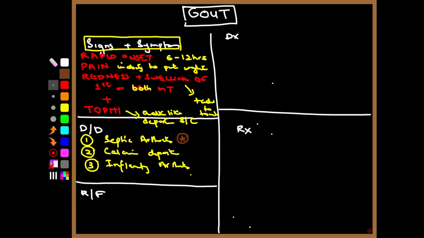So an easy way in examination to check for septic arthritis is to perform full range of movements on that joint. And if the patient is able to produce those full movements of the joint, it is pretty safe to go against septic arthritis, unless you've got other features like systemic signs of infection that you're worried about.